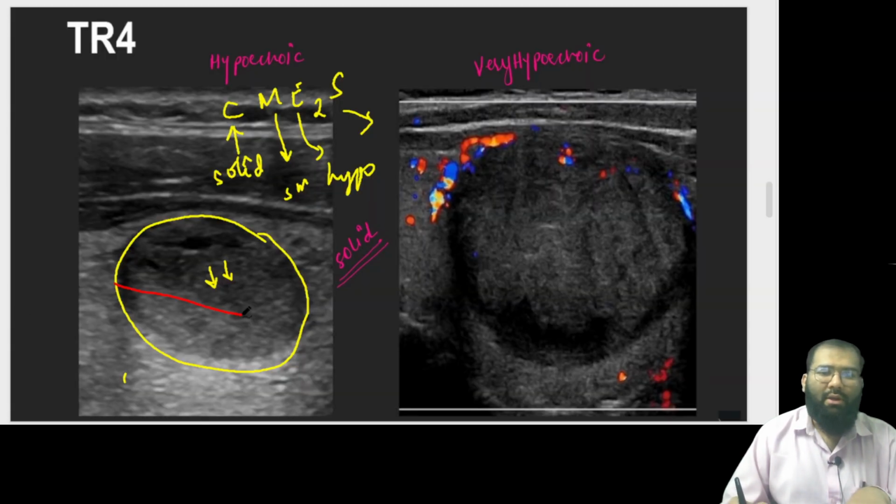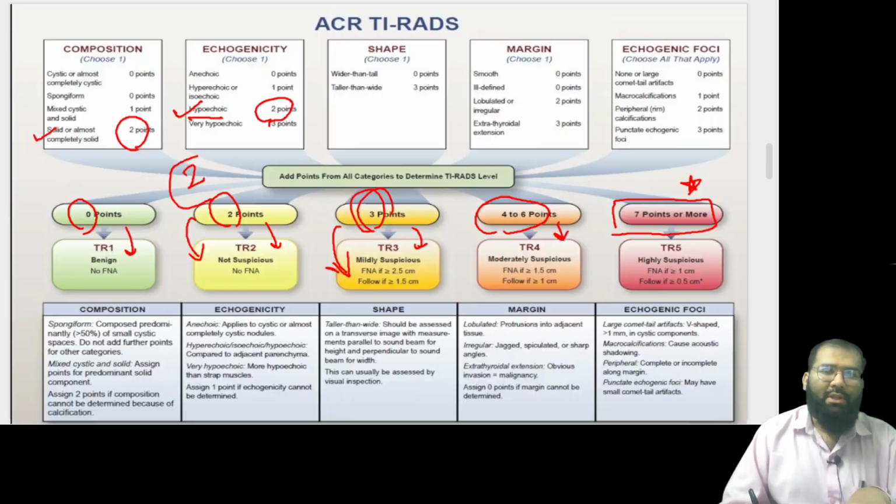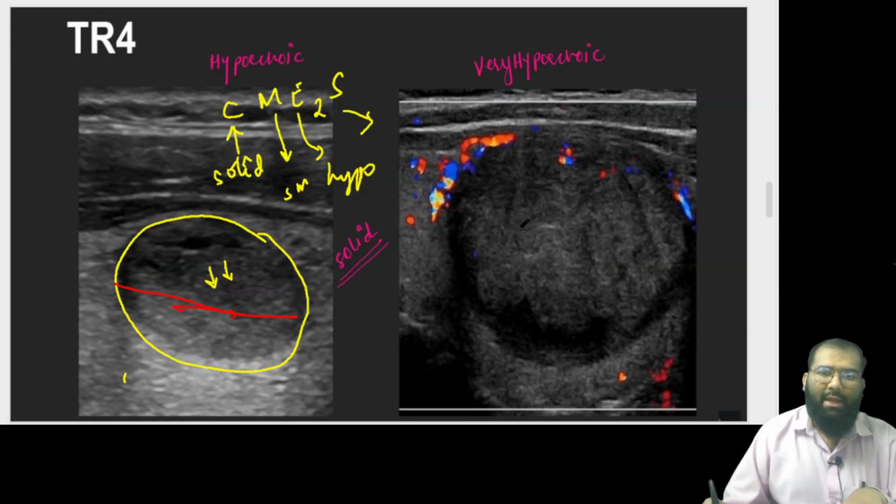It's wider than taller, so it remains 0 points for that shape. There are no echogenic foci, so 0 points. Margin smooth, so 0 points. So the total points become 4. So 4 to 6 goes in TIRADS 4. Now you have to measure the size. If the size of this is more than 1.5 centimeter, you have to go for FNAC.